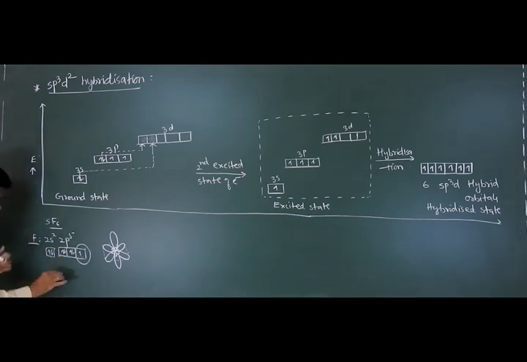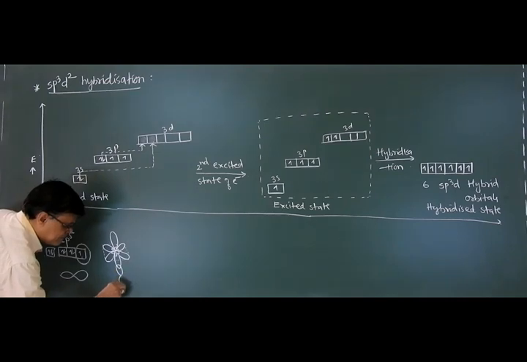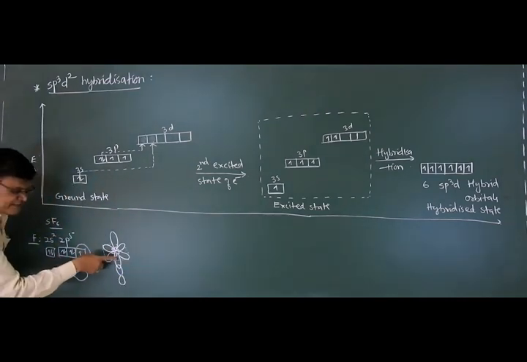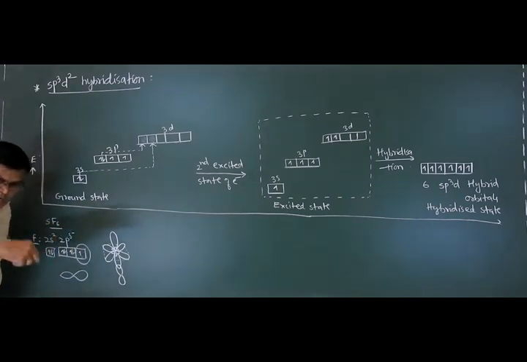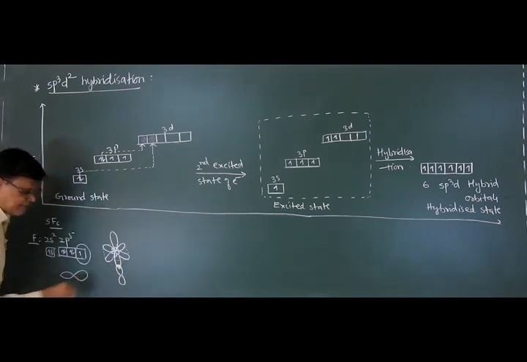What is the pz orbital? This is the pz orbital. See here, one pz orbital. This sp3d2 hybrid orbital of sulfur overlaps with the pz orbital of fluorine atom. There is formation of a sigma bond.